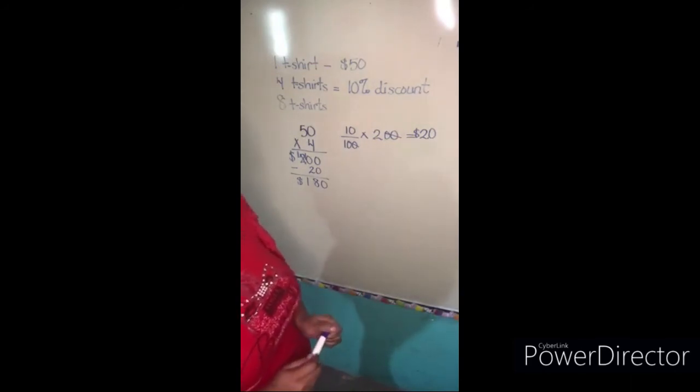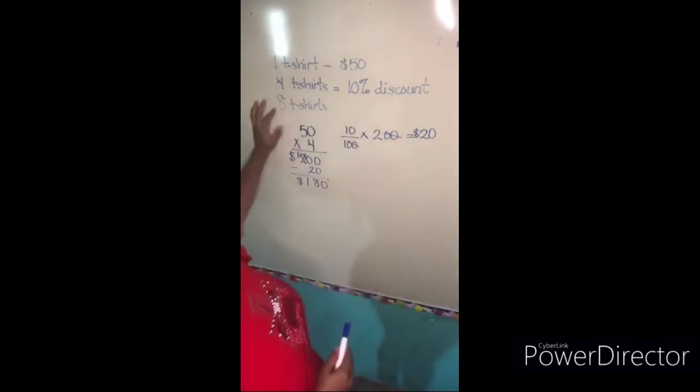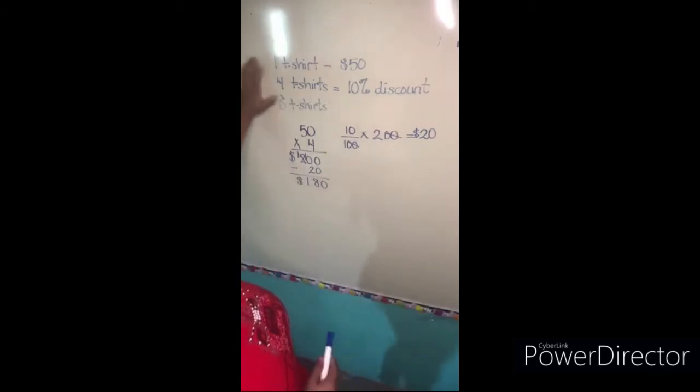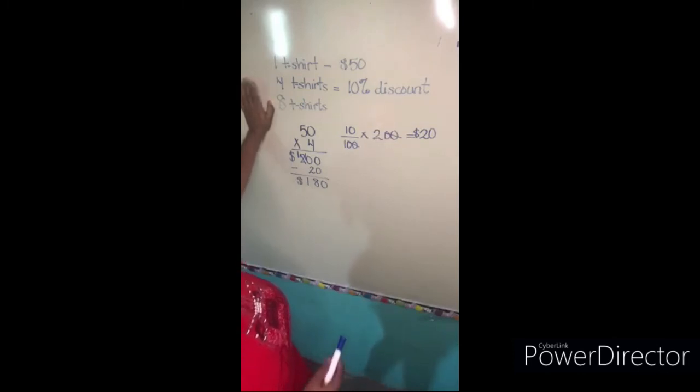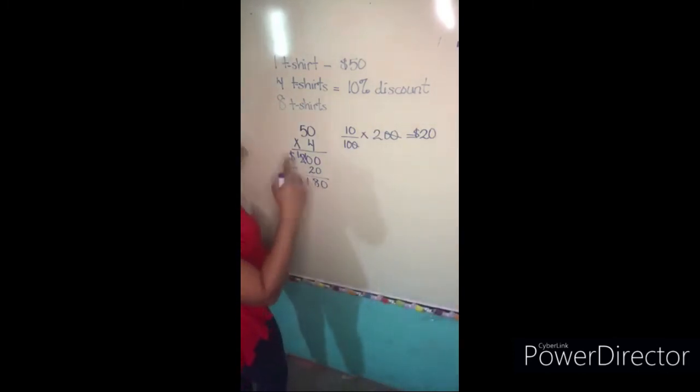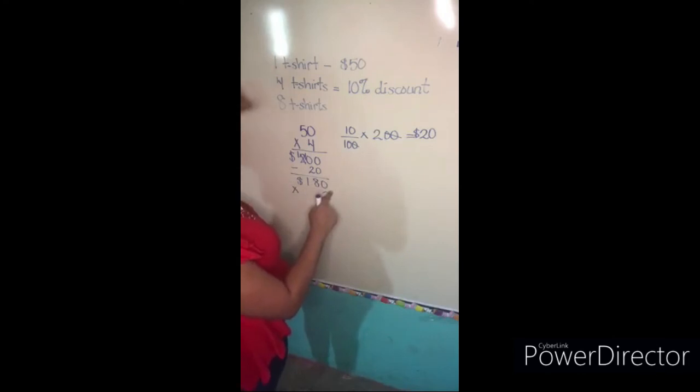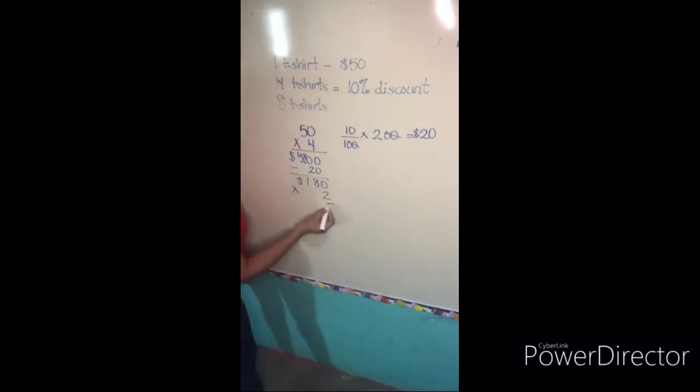right? But the problem is asking us how much for 8 shirts, right? And how many 4s can go into 8? 2, right? 4 can go into 8 2 times. So we're going to multiply this times 2, because the 180 is for 4 shirts and we want 8. So we're going to multiply it by 2, because 4 times 2 is 8. 2 times 0, 0. 2 times 8, 16. 2 times 1, 2.